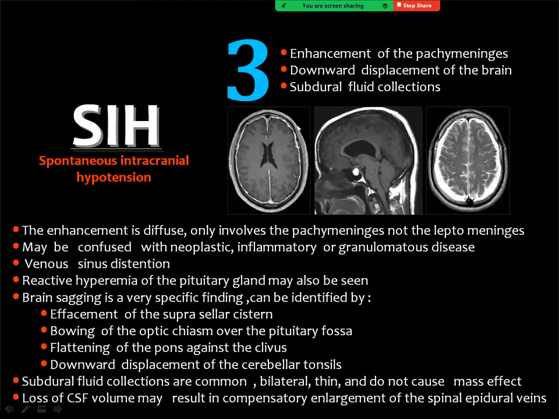These are the criteria of intracranial hypotension. Enhancement of the pachymeninges, meaning the dura, not the leptomeninges, downward displacement of the brain through the foramen magnum, subdural fluid collections as you see here.